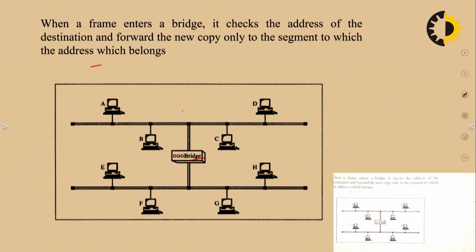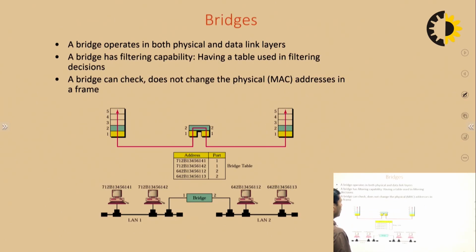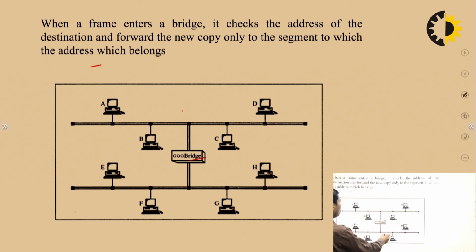The bridge has the physical addresses, so it is able to identify them. When a frame enters, let's say from A to E or G, it comes onto the bridge, and the bridge will identify it, because every station has a source and destination address. So it will read the destination address where the packet wants to move or transfer.